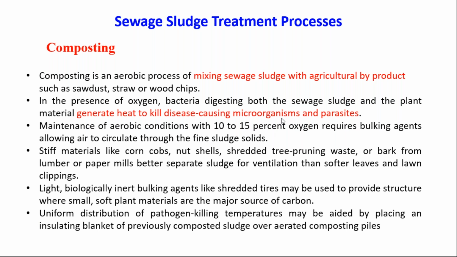In this composting process, the disease-causing microorganisms are killed by the positive bacteria, and these bacteria use the mixed sewage sludge and agricultural byproduct as food. They consume this sludge as well as the byproduct as food, and after consuming them, they generate heat which is useful to kill the disease-causing microorganisms and parasites.